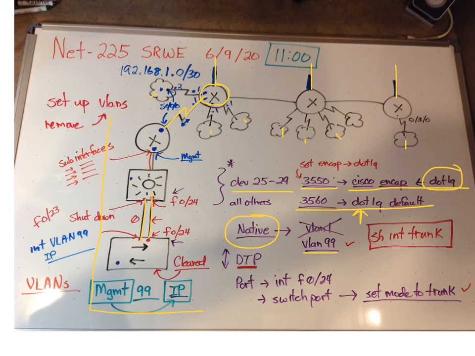So you can use show interface trunk to see your trunks and see if they're up. The 3550s auto negotiate, so we talked about looking at that. We have this Dynamic Trunking Protocol that automatically sets up trunks if it's on, or you can specifically set it to trunking yourself.